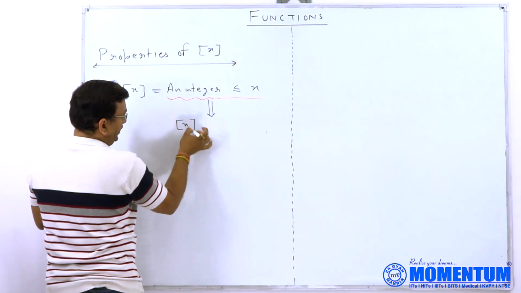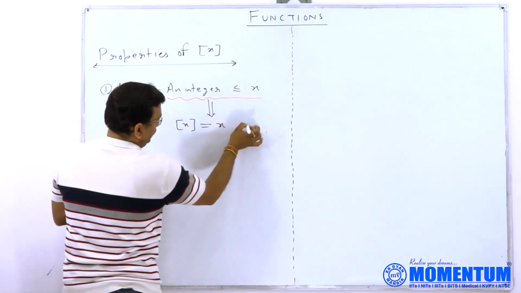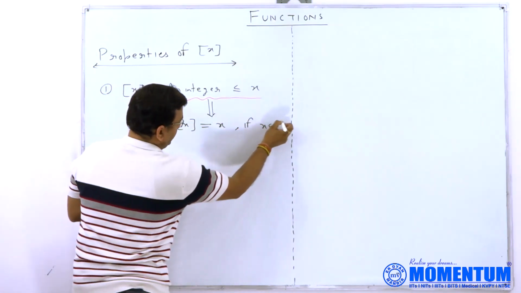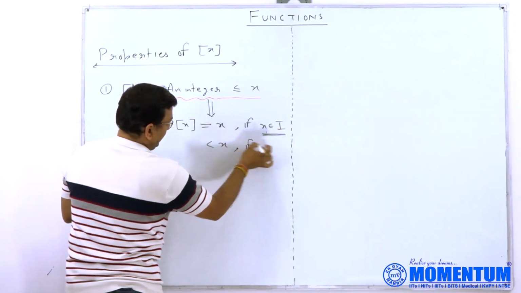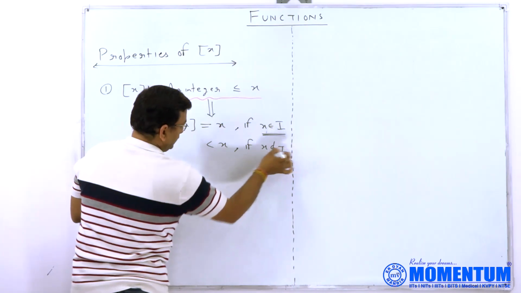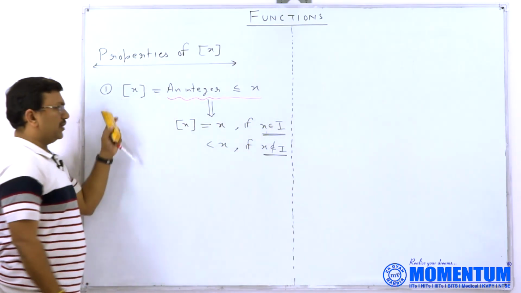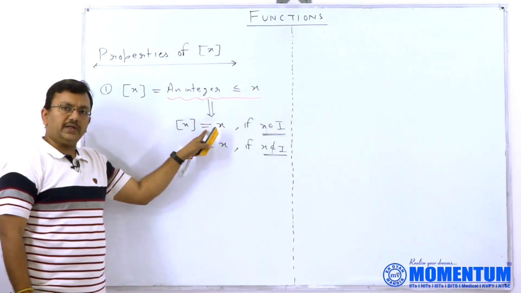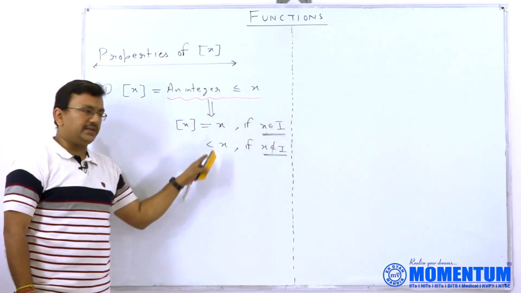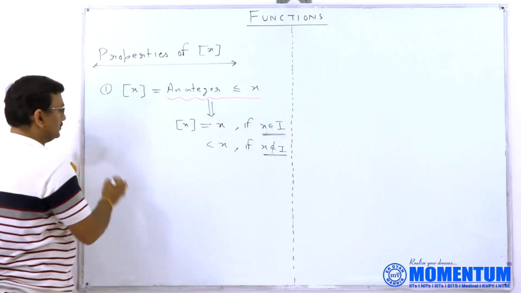Square bracket x is equal to x if x is an integer, less than x if x is not an integer. So square bracket x is less than or equal to x; it is equal to x when x is an integer, and less than x when x is not an integer.